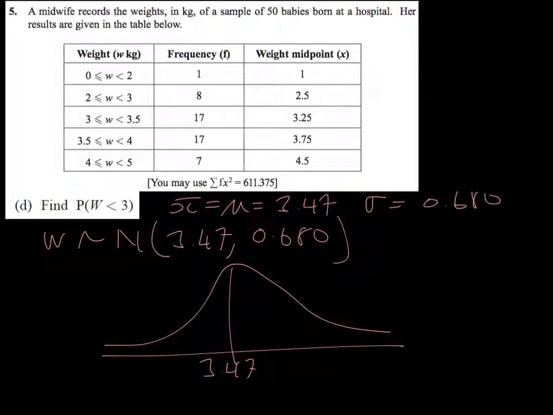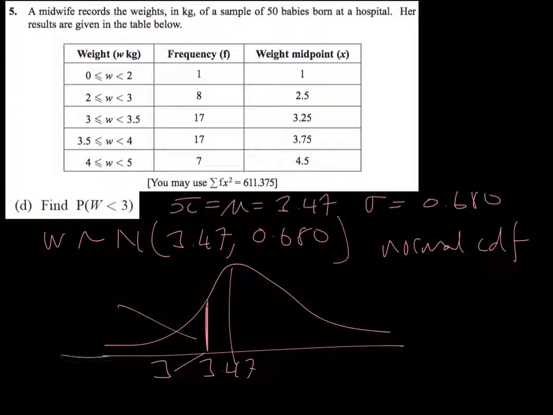To solve this, if we're trying to find a probability, this is just going to be the normal CDF on your calculator under the stats option. In essence, we want to find the probability that it's less than 3. So this value here is 3, and we want to find this probability.